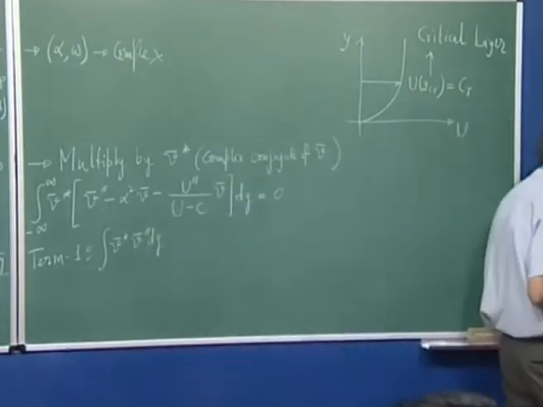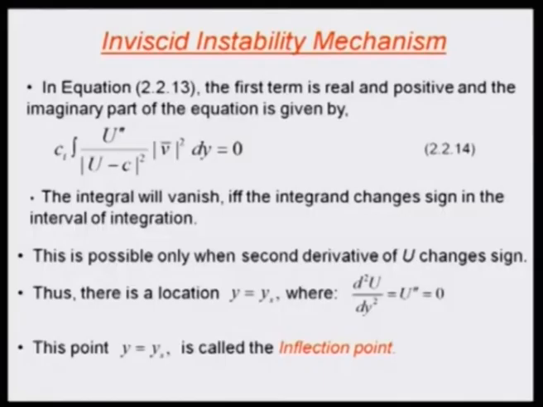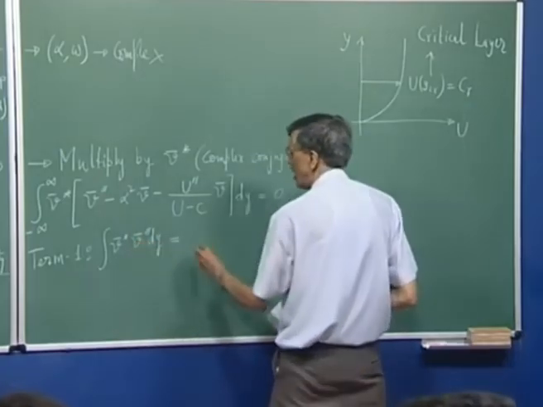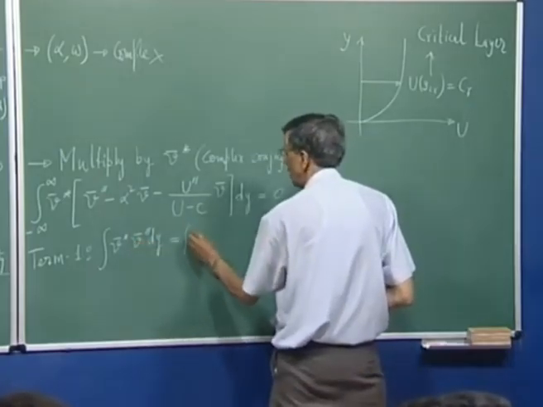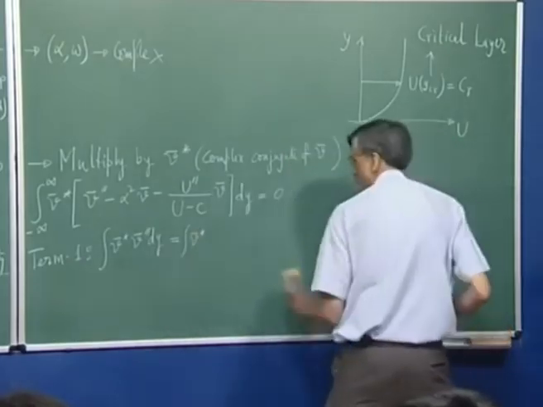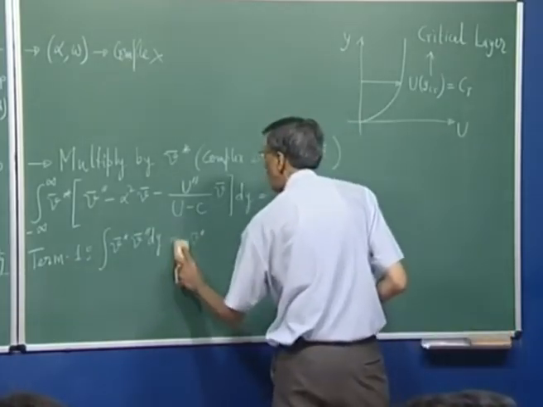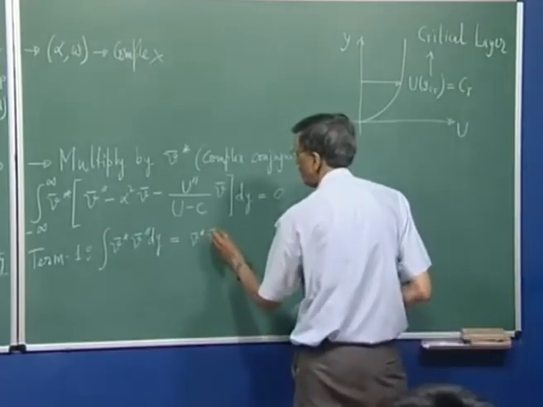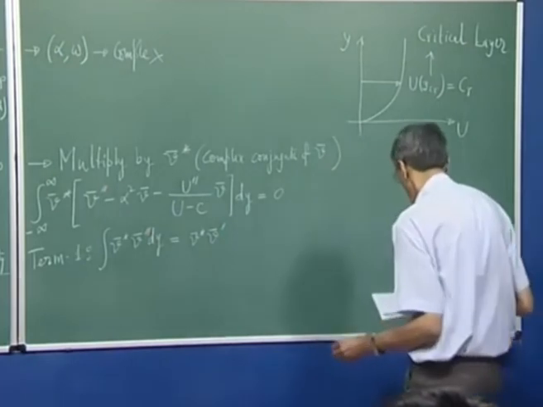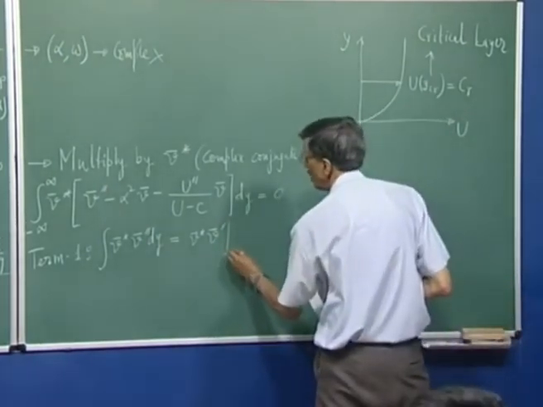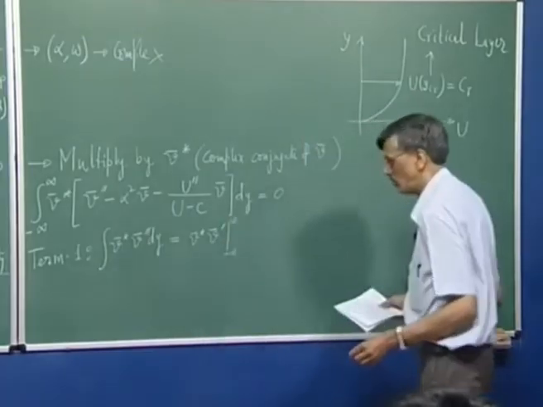If I do integration by parts, I can integrate it once, and this is evaluated over the limits.